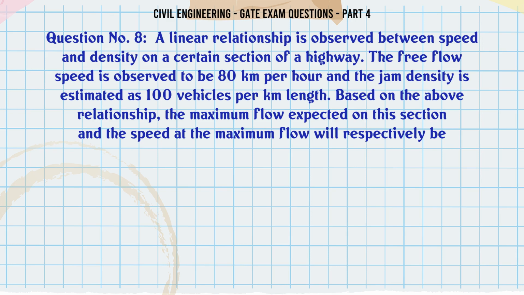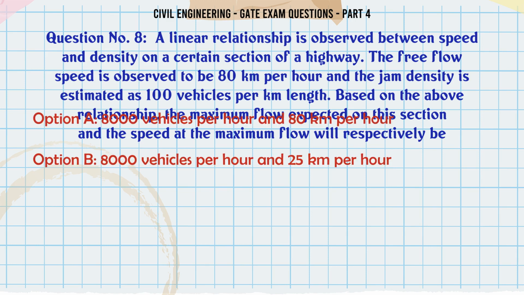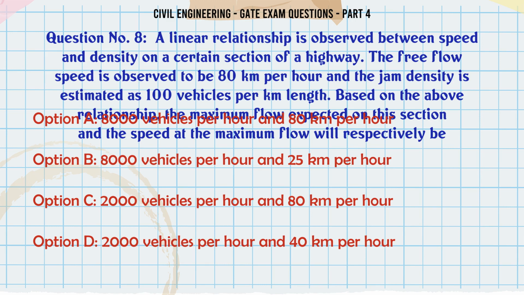A linear relationship is observed between speed and density on a certain section of a highway. The free flow speed is observed to be 80 km per hour and the jam density is estimated as 100 vehicles per kilometer length. Based on the above relationship, the maximum flow expected on this section and the speed at the maximum flow will respectively be A 8,000 vehicles per hour and 80 km per hour.